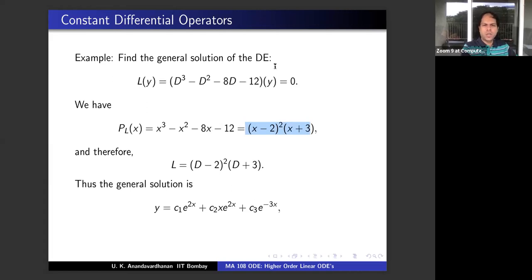So I need to correct 2 typos, 1 plus here and 1 plus here. Then is it correct? 2 cube is 8, 8 minus 4 is 4, 4 minus 4 plus 12 is 16 minus 16. That is correct. And minus 3 is minus 27, minus 9, minus 36.